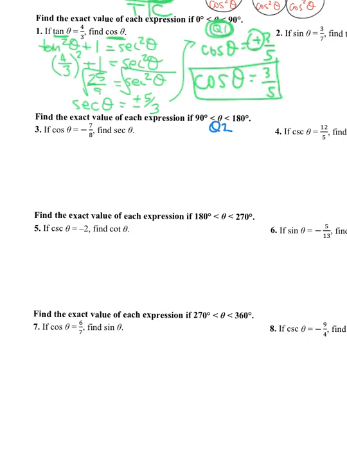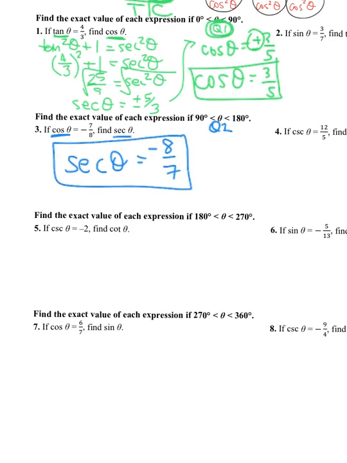Oh, well that's nice. Those are reciprocals of each other. So secant of theta is equal to -8/7. And I don't really need to worry about the plus or minus, since those are just reciprocals of each other. If cosine's negative, secant's going to be negative too.